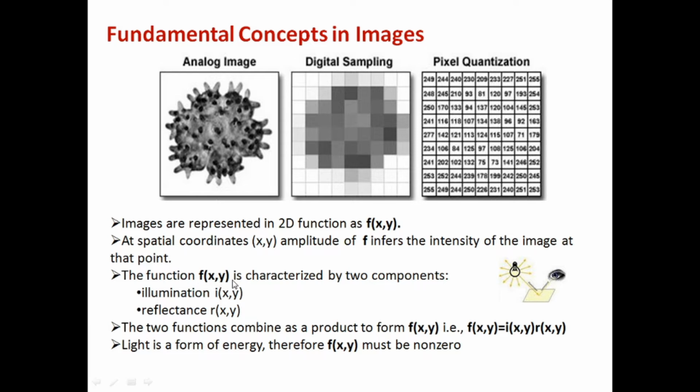So this f of x comma y, that means the brightness at a particular point in an image, is characterized by two components. One is the illumination and the second one is the reflectance. How are these intensity values related to the illumination and reflectance?